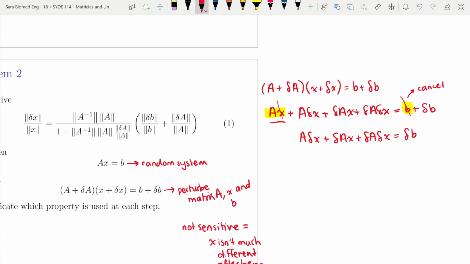Okay. So from here, I'm gonna do A delta x. Wait a second. Am I missing anything?